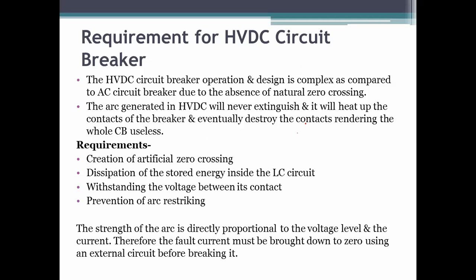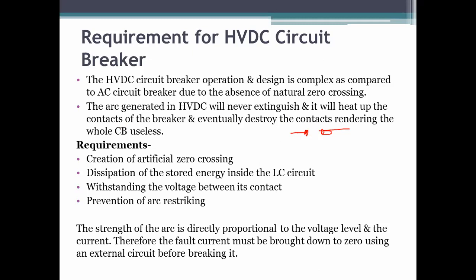So that arc will hit the contacts. There are two contacts, so these contacts will get heated more, and it can eventually destroy the contacts, rendering the whole circuit breaker useless. Continuous arc with very high heat can damage these contacts.